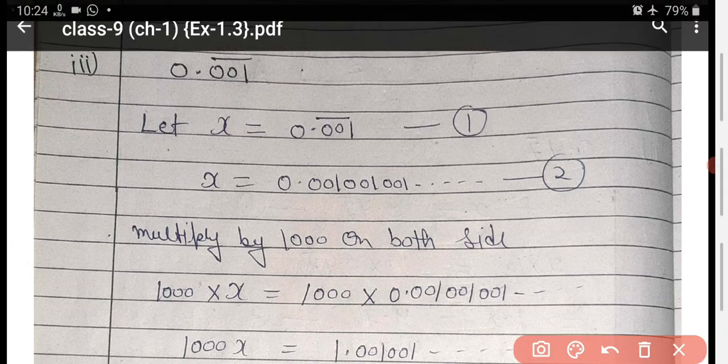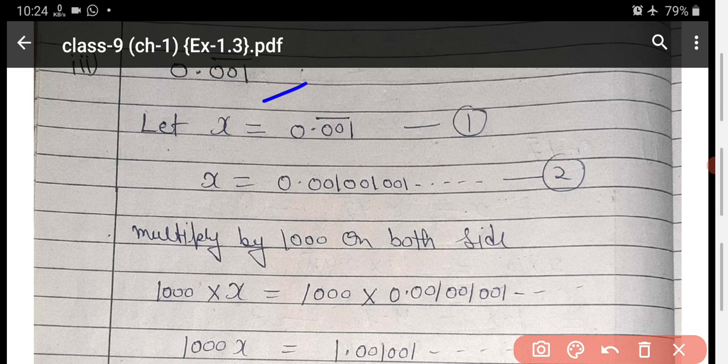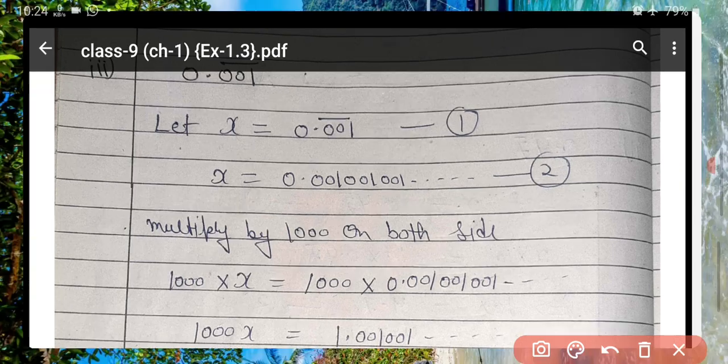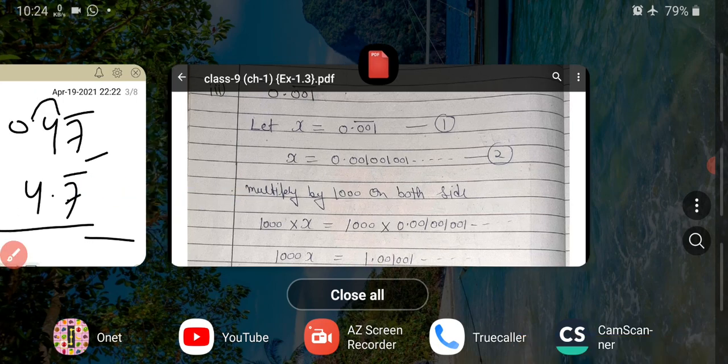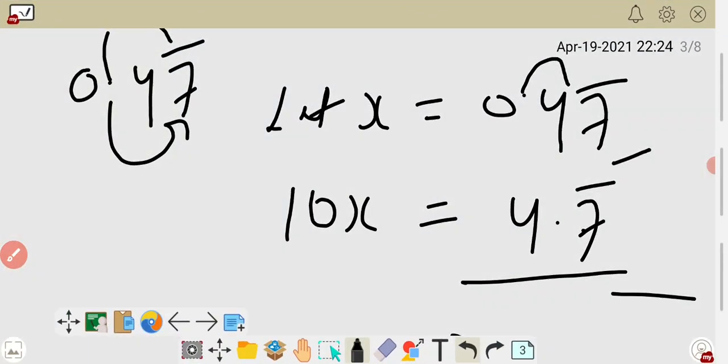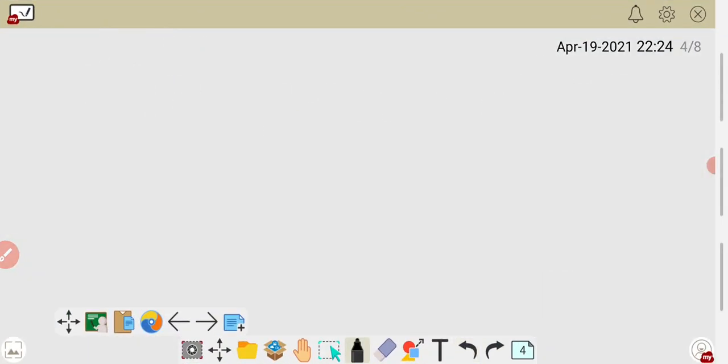0.001 bar. Now the bar is present on 3 digits. Okay, no problem. First you have to check whether this bar is just near the decimal or not. Just wait, next I am bringing it. The question is 0.001 bar.